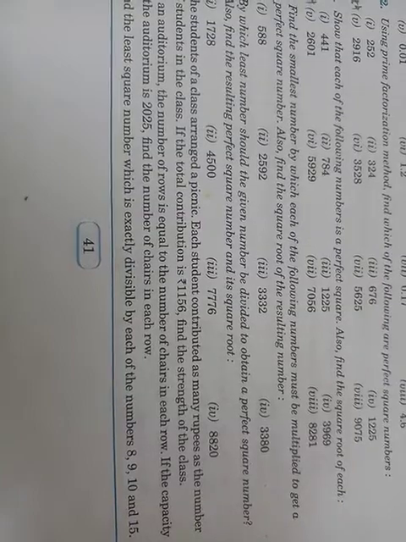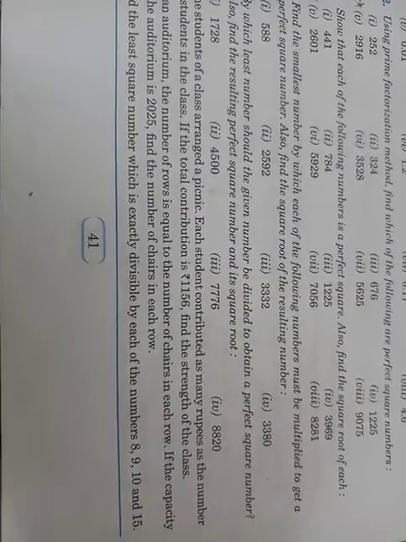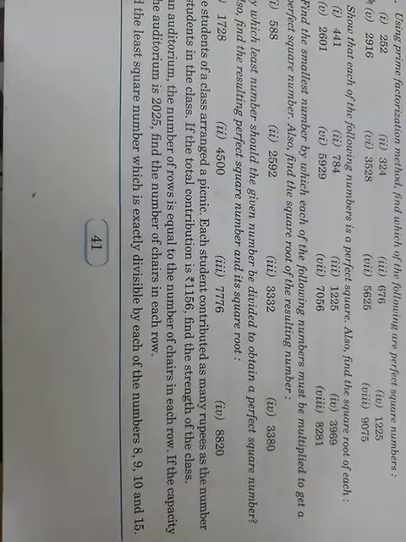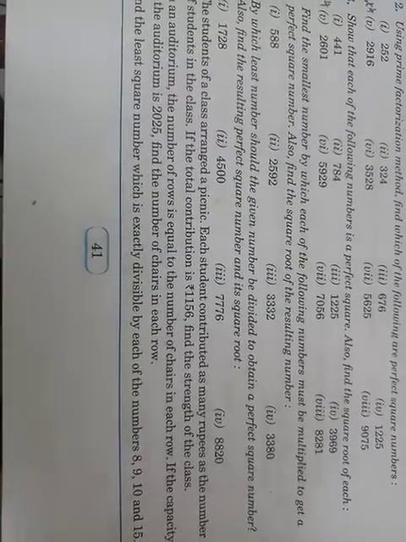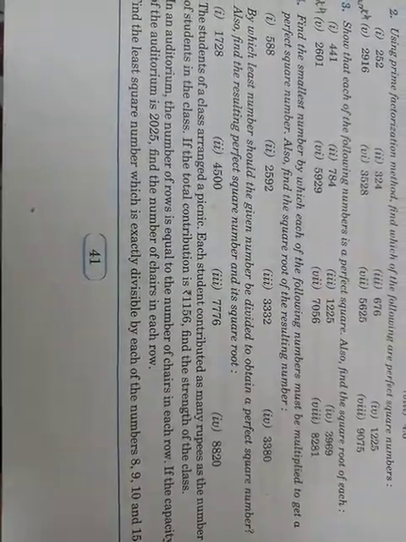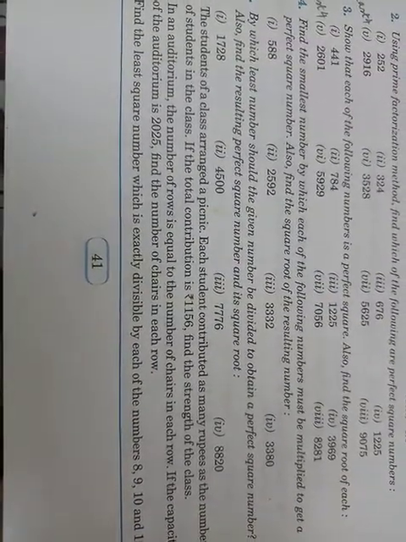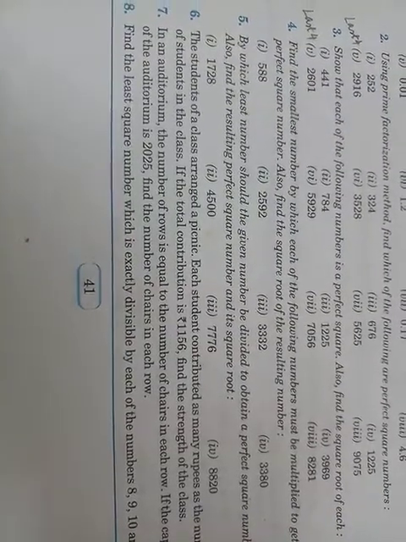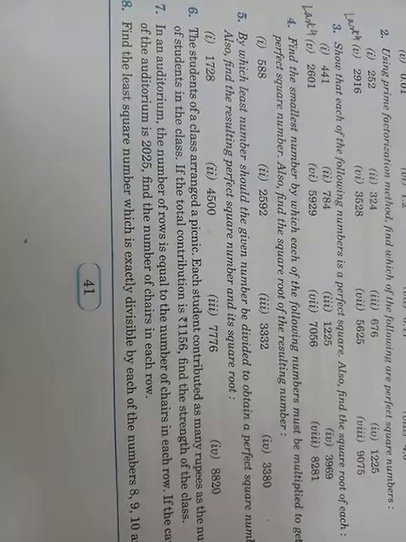First you will find the LCM of 8, 9, 10 and 15. After finding the LCM, we'll do the prime factorization of the LCM and then we'll find whether it's a perfect square or not. If it is not a perfect square, we'll multiply by the number which is unpaired and then we'll get the least square number.